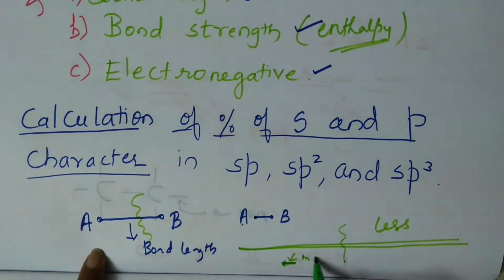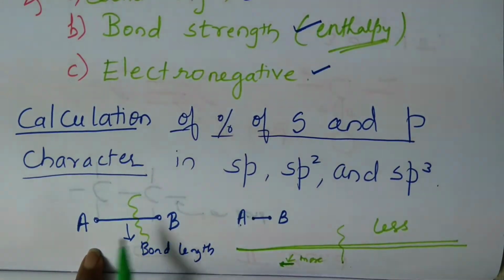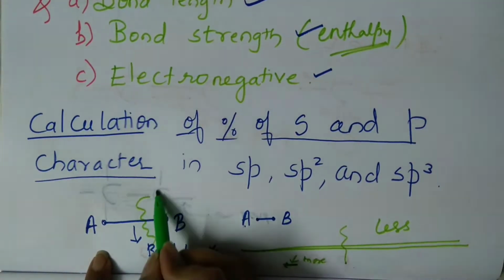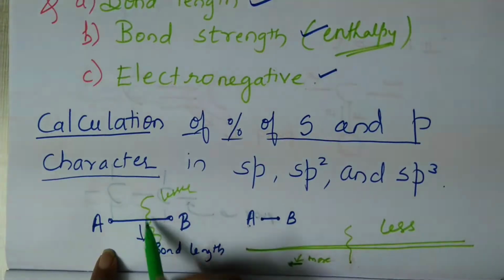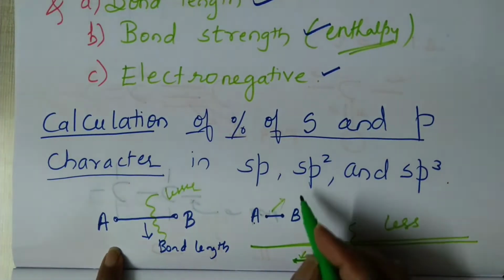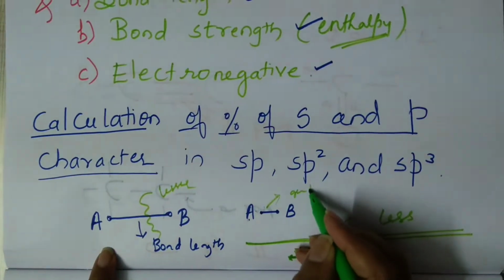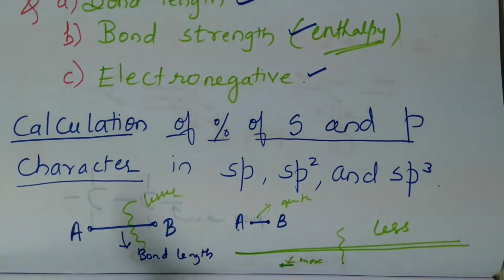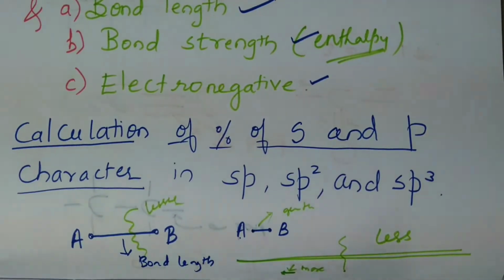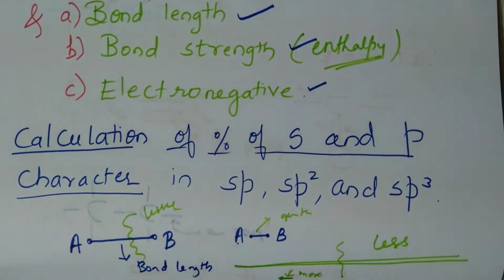It is much higher. Similarly, greater is the bond length, lesser is the energy required to break the bond. Shorter the bond, greater is the energy required to break the bond. Hope you have understood. Using these concepts, we shall relate them to the hybridization. Okay.